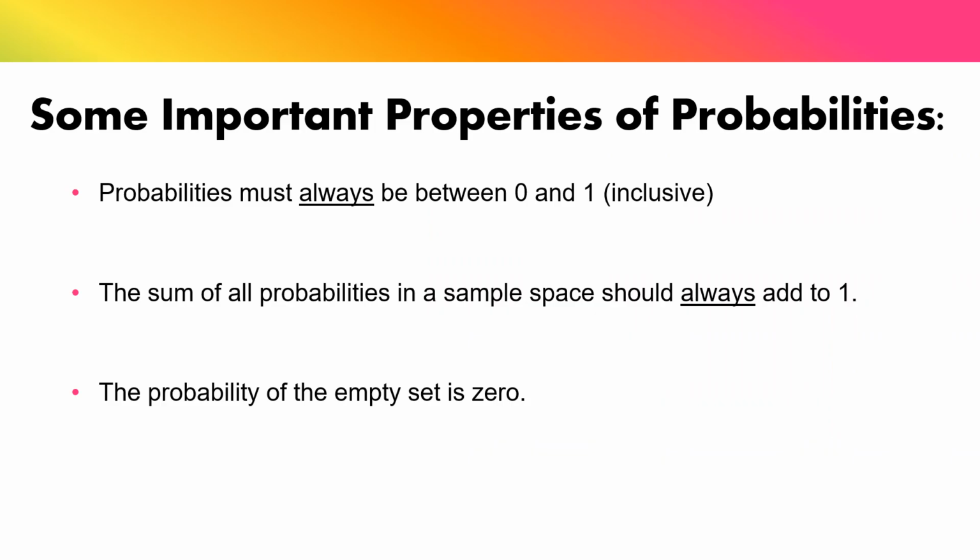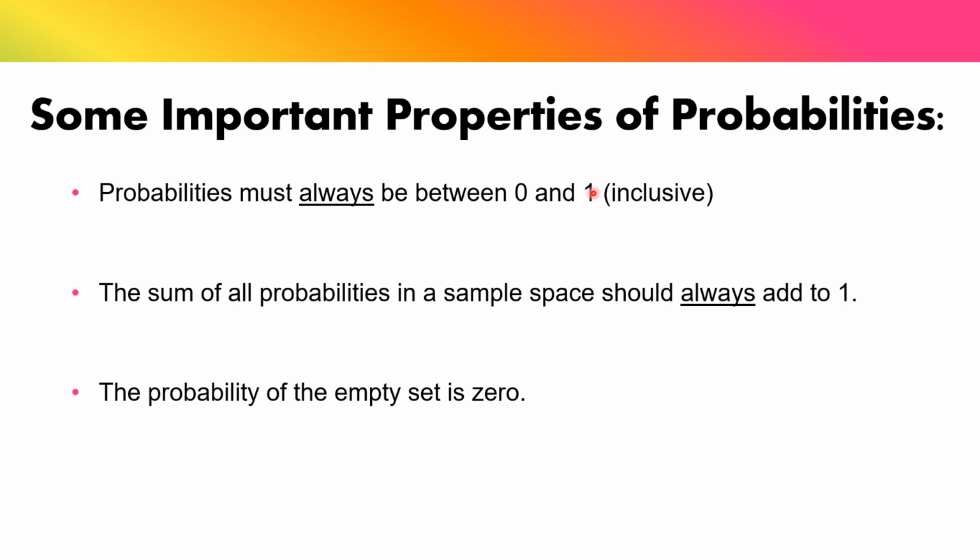Before we get into any questions or formulas, I need to tell you some important properties of probabilities. The first property is that all probabilities must be between 0 and 1, inclusive, so 0 and 1 are included. Probabilities are allowed to be equal to 0, and allowed to be equal to 1.